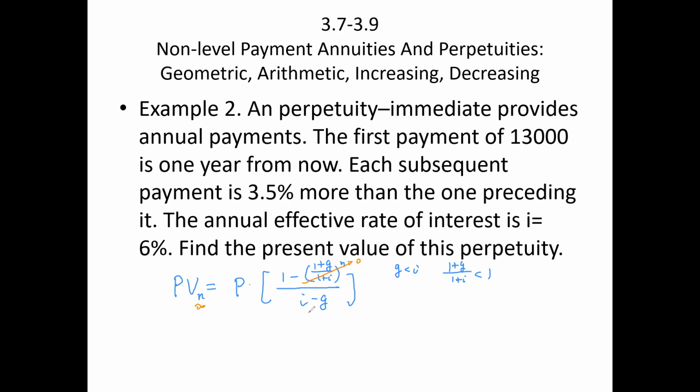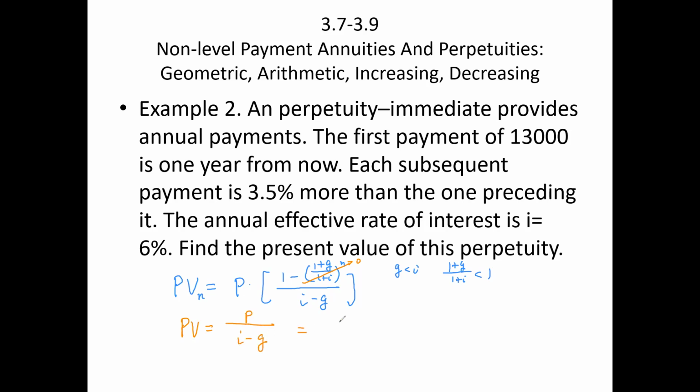So if we have infinity here, then it disappears. So the present value of the perpetuity would be simply P divided by (i minus g).